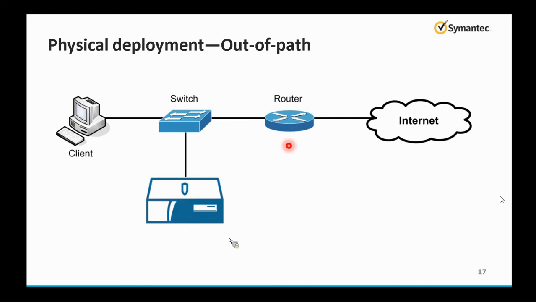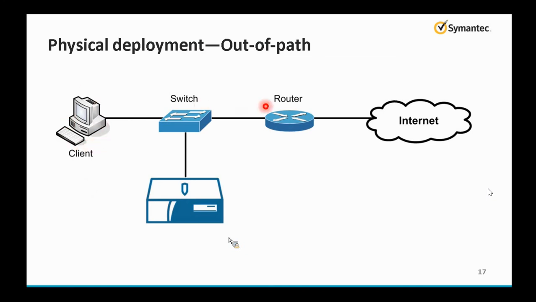So what is this out of path? Out of path, the proxy is sitting in a switch network environment. There is no load balancer. There is no router here. So in a switch environment, this layer 2, the user, because if you use transparent, if the user is not configured to connect to the proxy, what is the user traffic path?